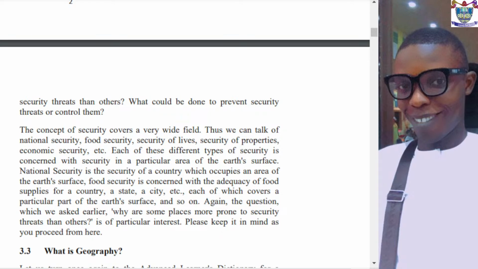There's a question that keeps coming in, because one of the things that criminology studies is why people actually commit crime. And while we're looking at security, we saw that some places are more secure than others. Some places pose more security threats than others. So why is it so? A lot of things come into play here.